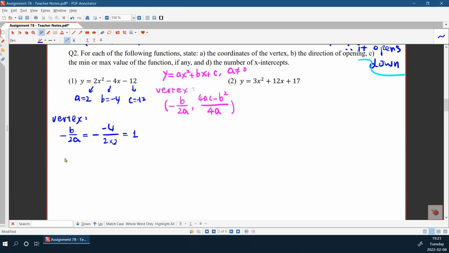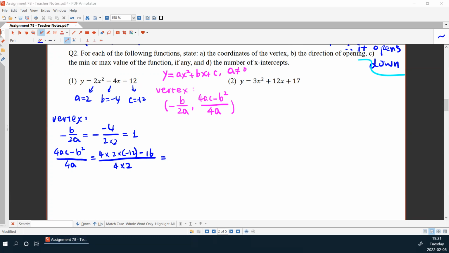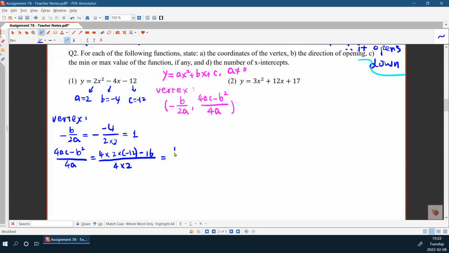Then the y coordinate is 4ac minus b squared over 4a. Okay, 4ac is 4 by 2 by -12, right? And negative b squared apparently is 16, and over 4a, which means 4 by 2. And this will give you -112 over 8, right?